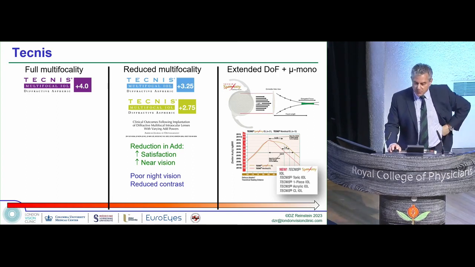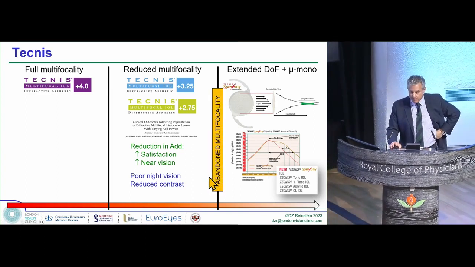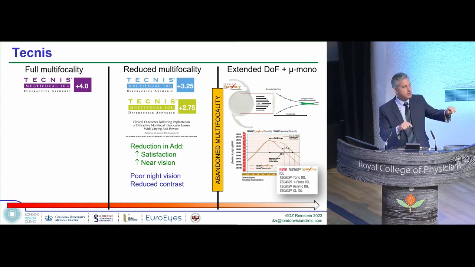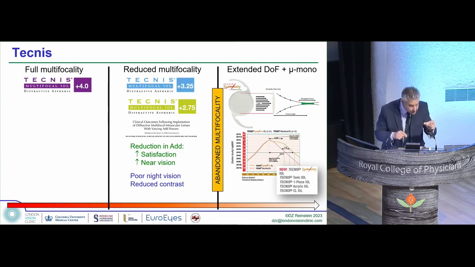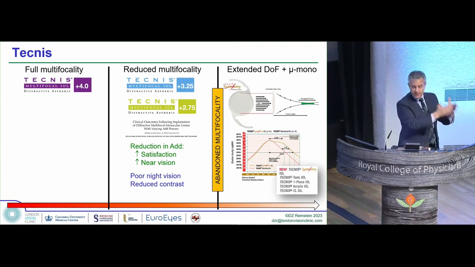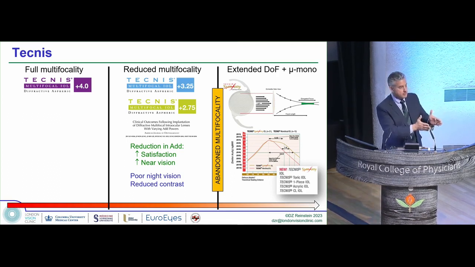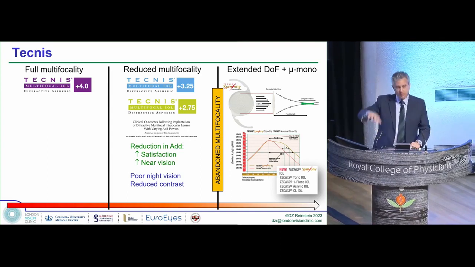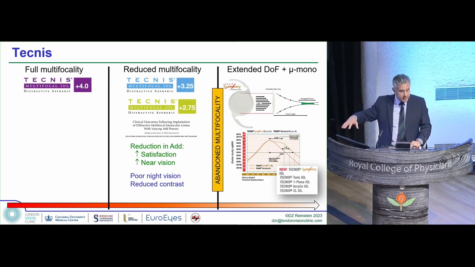But you know, what's interesting is that at that time, if you went to the European website of Alcon, you couldn't order a Tecnis multifocal. They only offered the Symphony. And then if you go to the US website, they were still selling Tecnis lenses. So in Europe, they're not giving you a choice of Tecnis multifocal or EDOF.